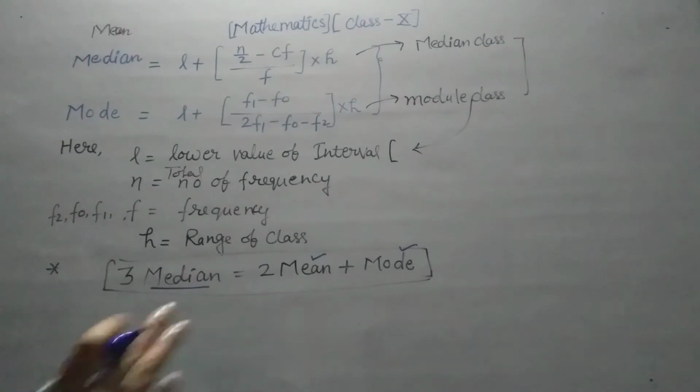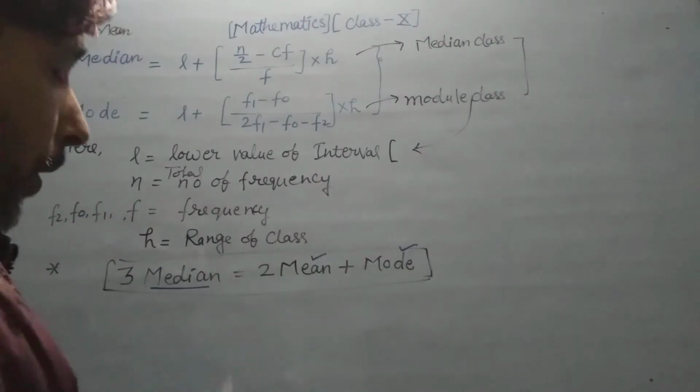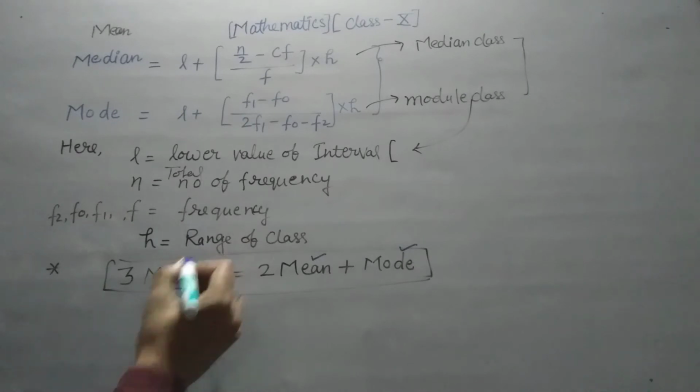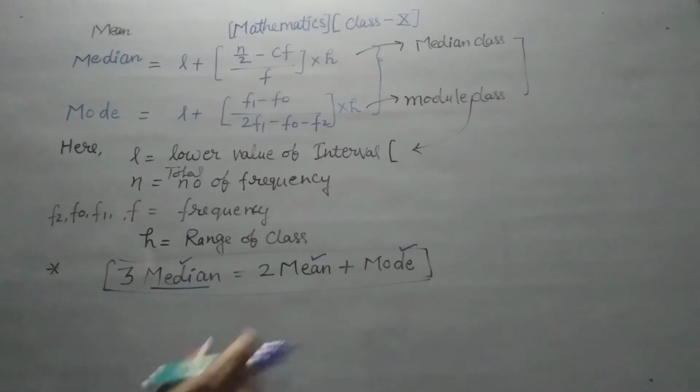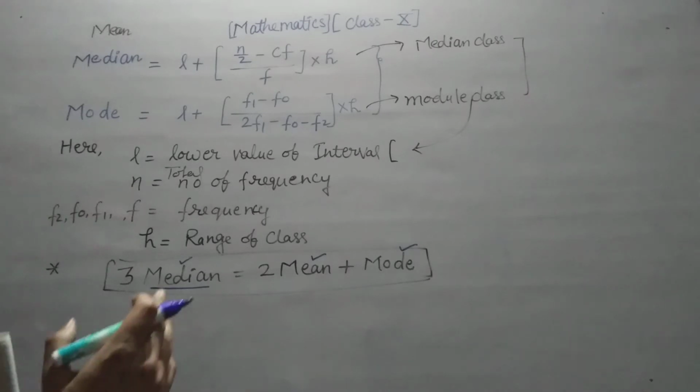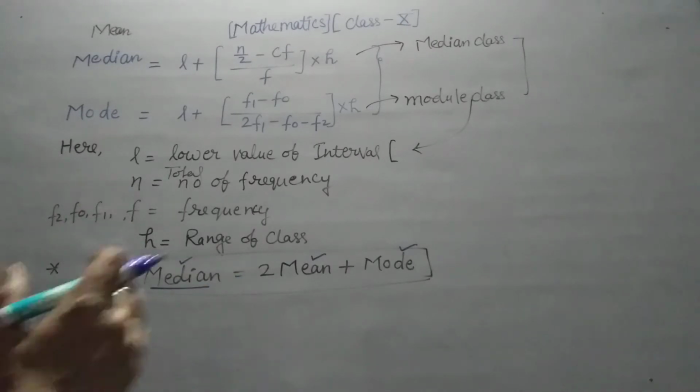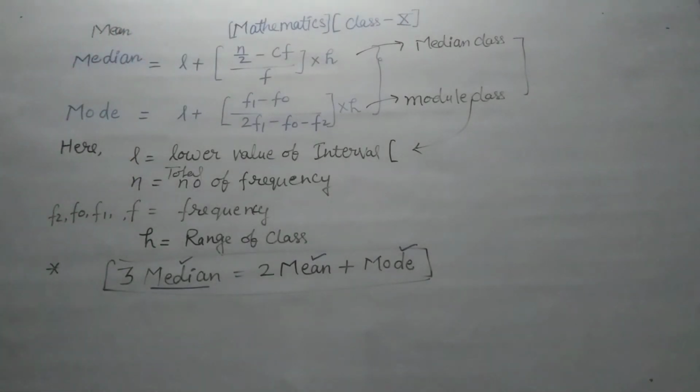And if you have to find the mode and you have the median and mean, then you find the mode with this formula. So this formula is used when two values are given, just like the mean and either mode or median.